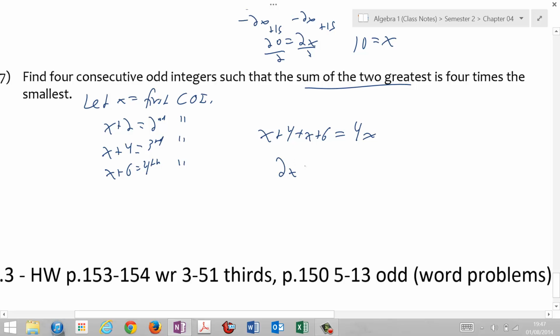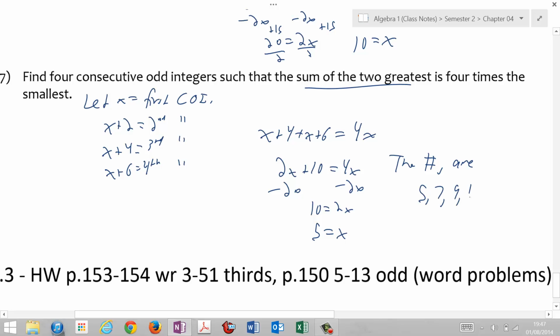Add the left. 2x plus 10 is equal to 4x. Subtract 2x. 10 is equal to 2x, which means that 5 is equal to x. And I can say the numbers are 5, 7, 9, 11. Done.